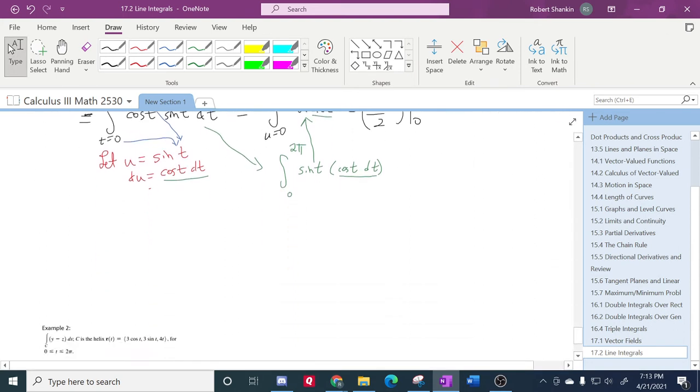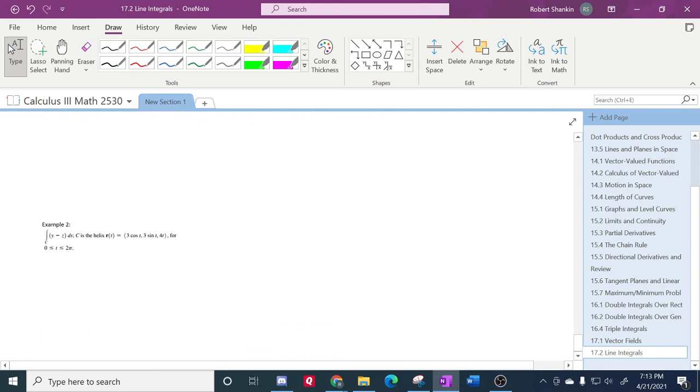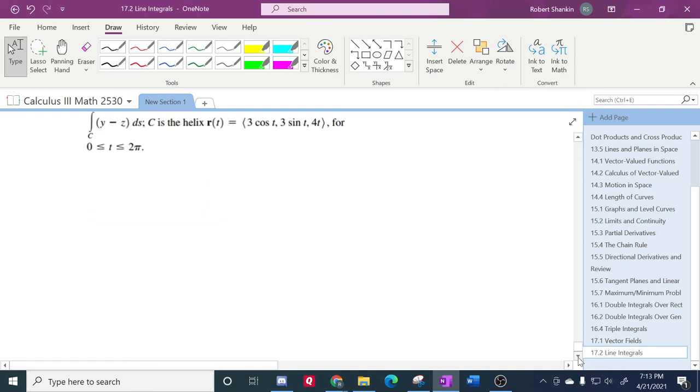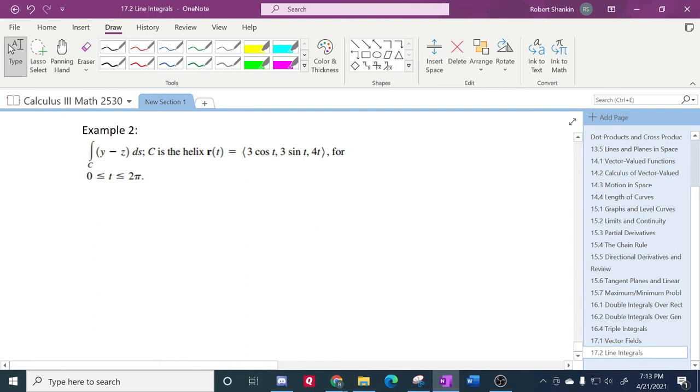Let's go to example 2. All right, so we're taking the line integral along the curve C of y minus z ds. C is the helix.